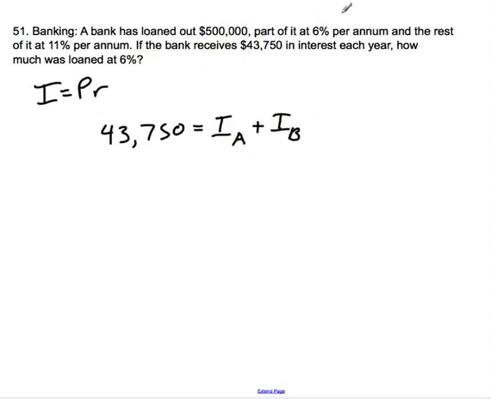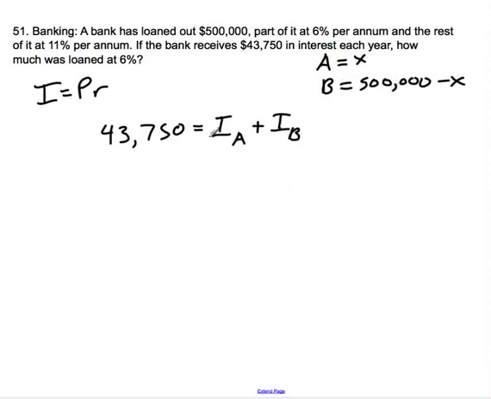I know that we're going to have two accounts, A and B. A, we're just going to call X, just so people don't freak out and everybody likes the variable X. But B, how do we get it to turn into something with X? Well, we know that all together we're going to have 500,000 worth of loans. So if I take 500,000 and subtract X, the amount I've already taken for A, that will give me B.